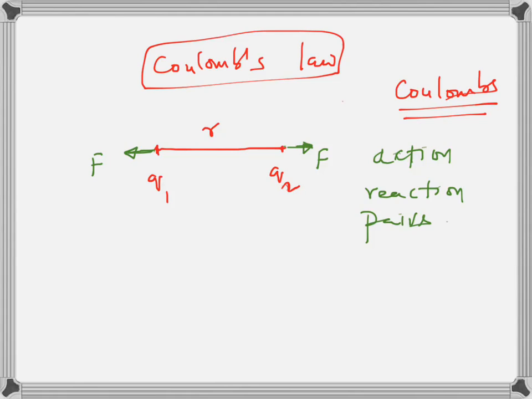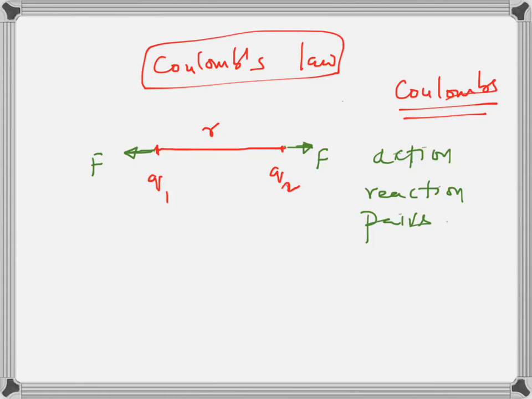If Q1 repels Q2 with 10 newtons, Q2 must also repel Q1 with 10 newtons, because action and reaction pair have the same magnitude, and these forces have opposite directions, which you can see. And not only that, these forces act on different bodies.